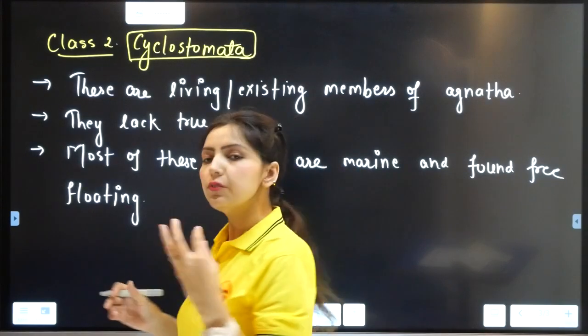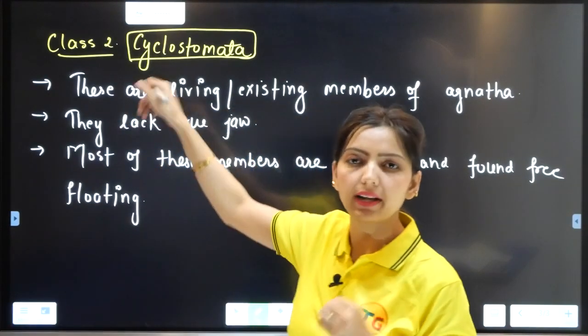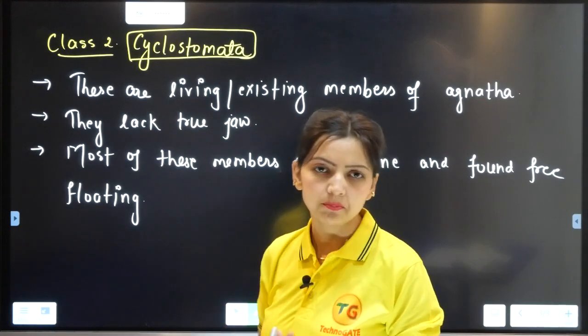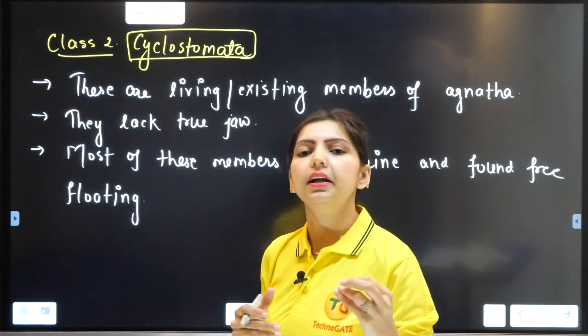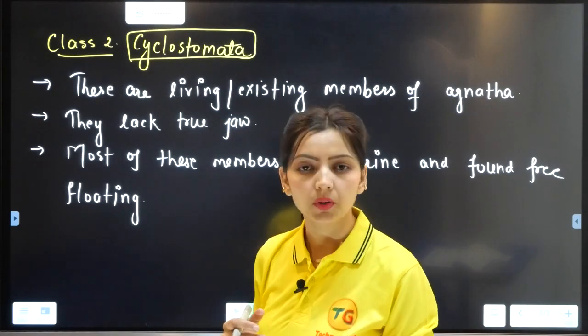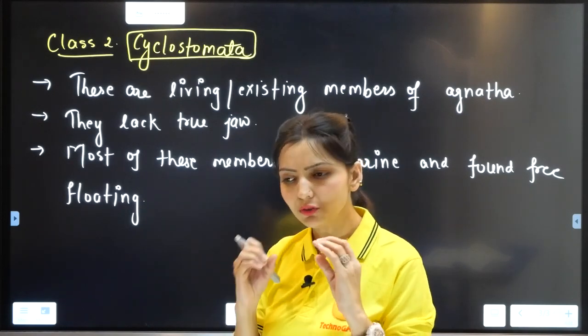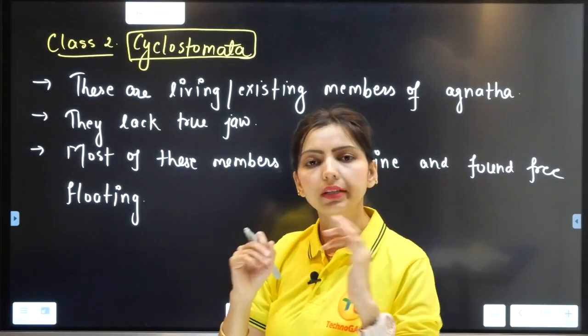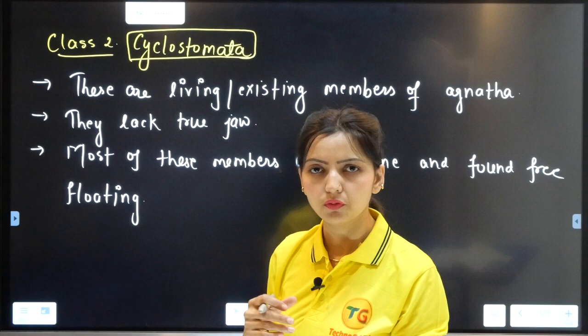Good. And if someone is saying that these are the members of Agnatha, this is the class under Agnatha, it is obviously very clear that they are lacking the jaw. Sometimes we don't have to mention the point again and again, although I mentioned it so that it becomes more clear to you for now.